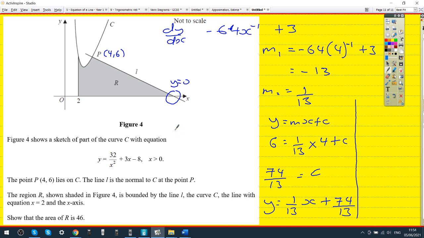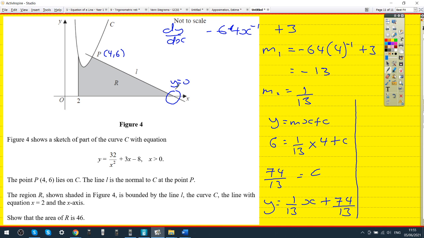I'm getting a negative number, expecting a positive number. So you'd make y 0, get the x coordinate, and then that's what you would integrate between.